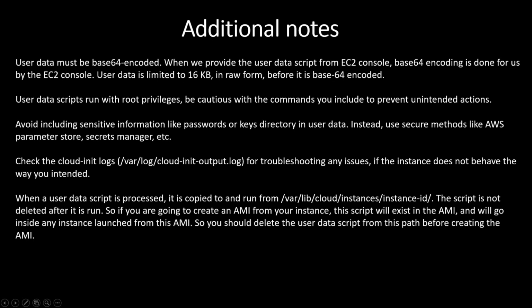So for example, the instance that we just created, if we are going to create an AMI from that instance, as we saw, inside the instance the script was present in this path, so that script will go with the AMI to any new instances that you will be launching using that AMI. So you will have to delete it manually before creating the AMI.